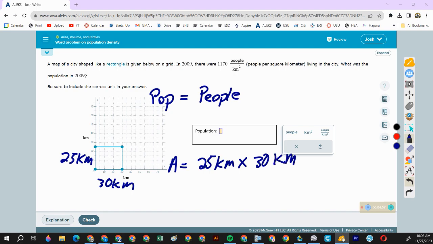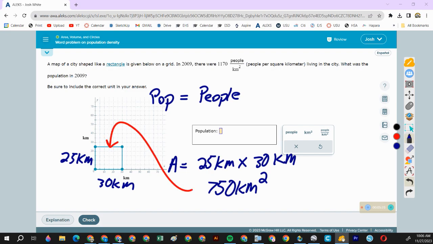And what would 30 quarters be? $7.50. So 750 kilometers squared, I think. All right. So that is the area of this.